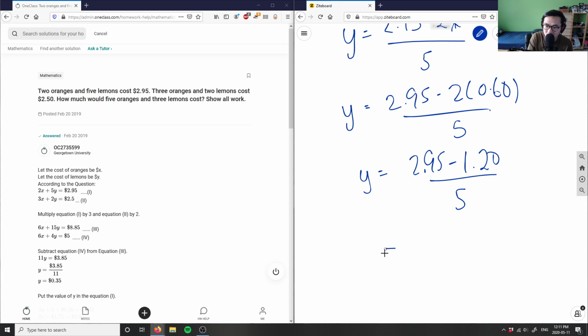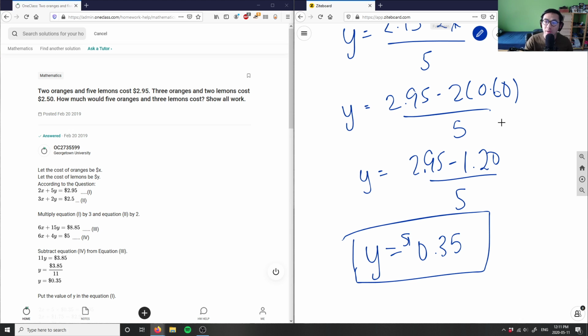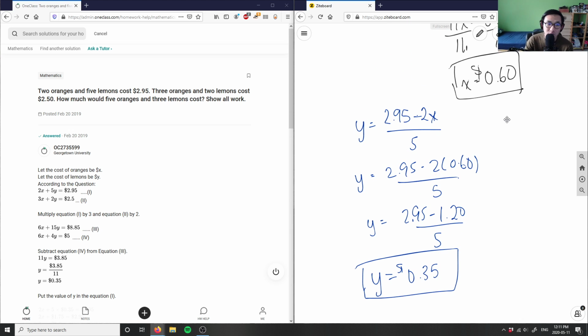I dropped my calculator. 2.95 minus 1.20 divided by 5 gives me a value of 0.35, 35 cents. So therefore, my cost of lemons is 35 cents, and the cost of oranges is 60 cents.